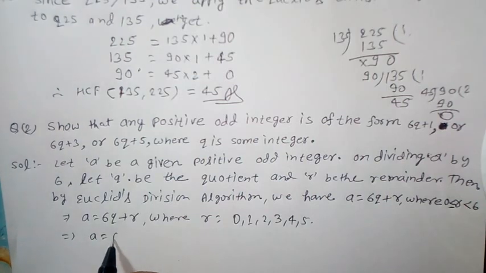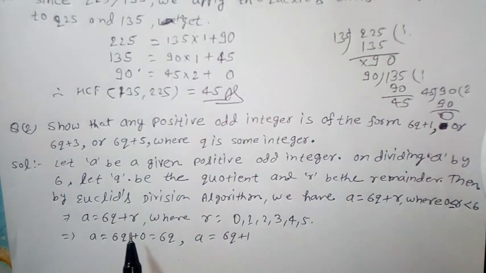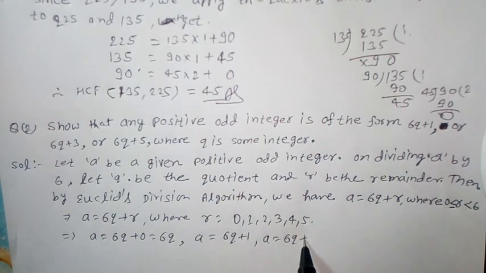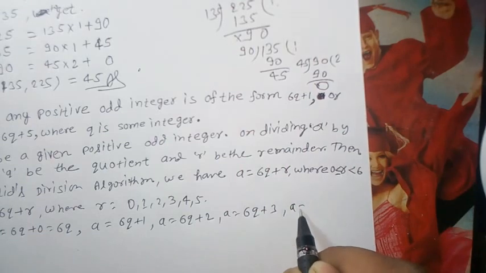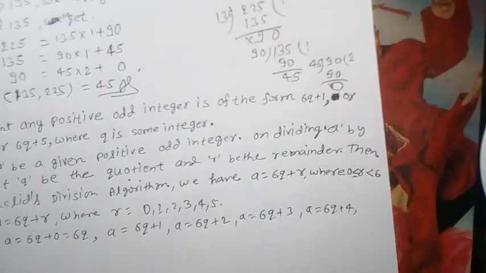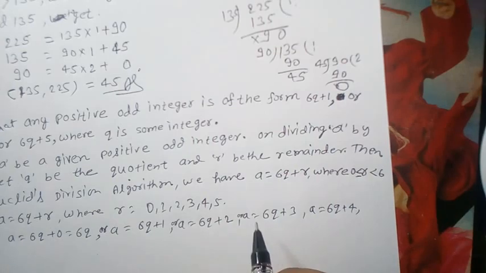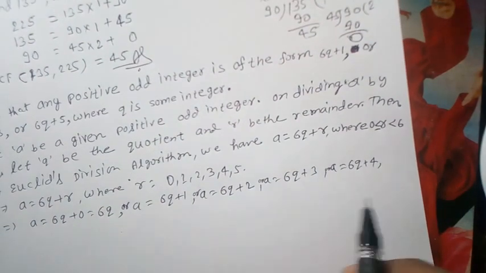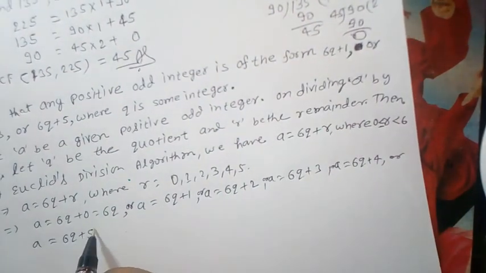This implies a is equal to 6q plus 0, which is 6q, a is equal to 6q plus 1 when we put the values of r as 0, 1, 2, 3, 4 and 5. Again a is equal to 6q plus 2, a is equal to 6q plus 3, a is equal to 6q plus 4, or a is equal to 6q plus 5.